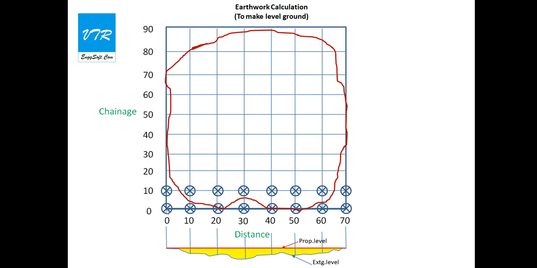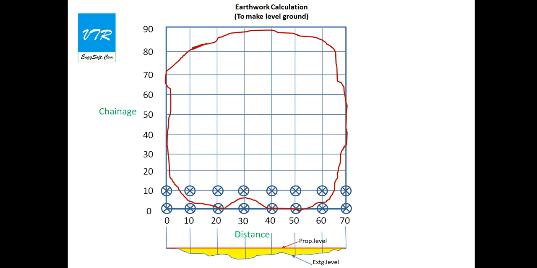What we are doing, we are dividing this into so many sections. This is section 1, and there is 0 chainage. Section 2, that is 10 meter chainage. Section 3, 20 meter. Section 4, 30 meter, like that. So every 10 meter we are sectioning, and at each section we are recording our initial level, that is the existing reduced level.